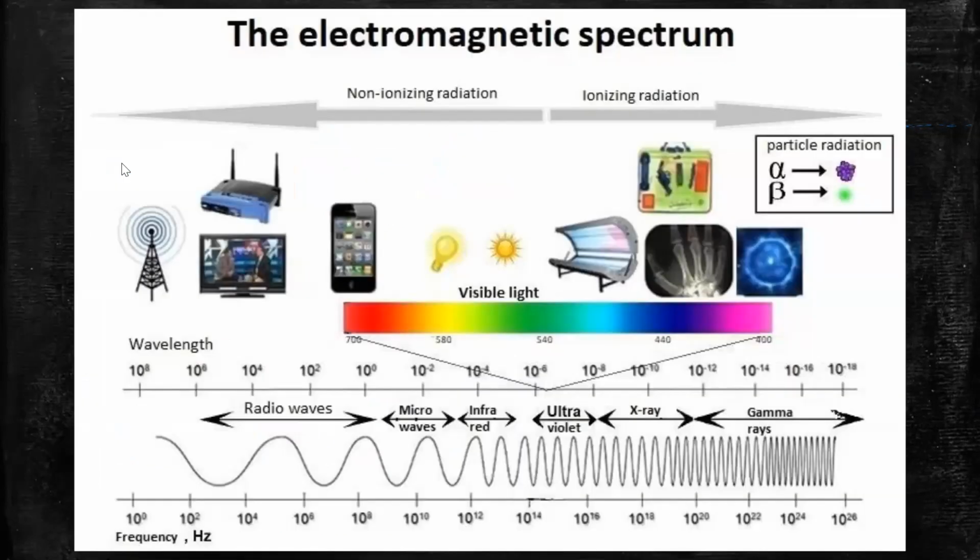Electromagnetic waves, or radiation, refers to the waves of the electromagnetic field propagating through space. They do not necessarily need a medium to travel. They can travel through a vacuum or through space, carrying electromagnetic radiant energy. They include radio waves, microwaves, infrared, light, ultraviolet, X-rays, and gamma rays.